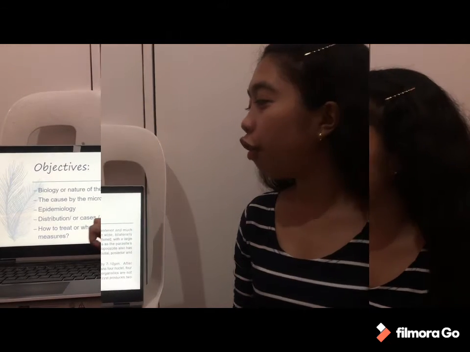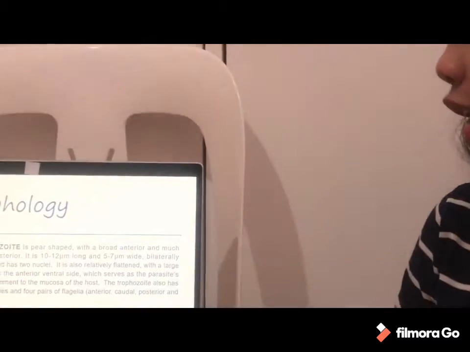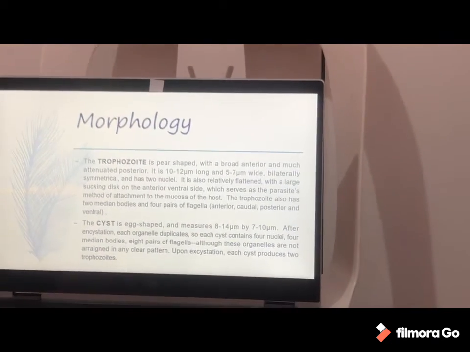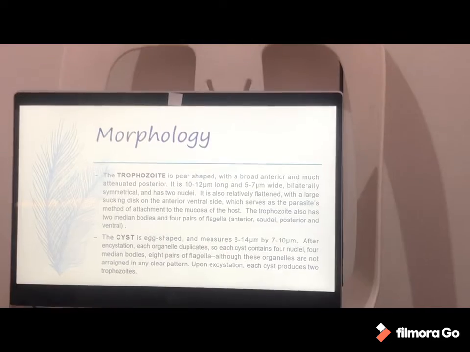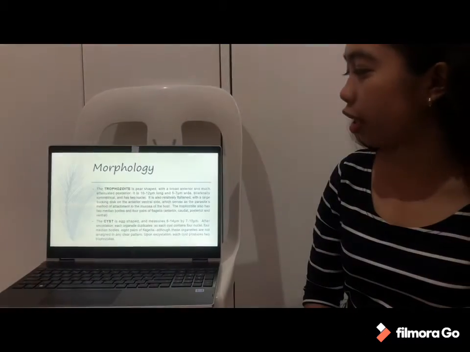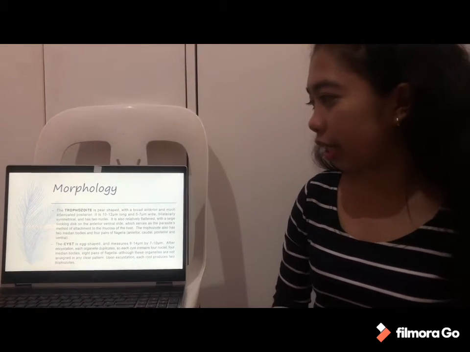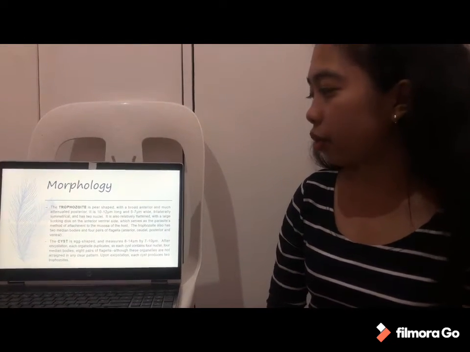Next, for morphology, the trophozoite is pear-shaped with a broad anterior and much attenuated posterior. It is 10 to 12 micrometers long and 5 to 7 micrometers wide. It is bilaterally symmetrical and has two nuclei.